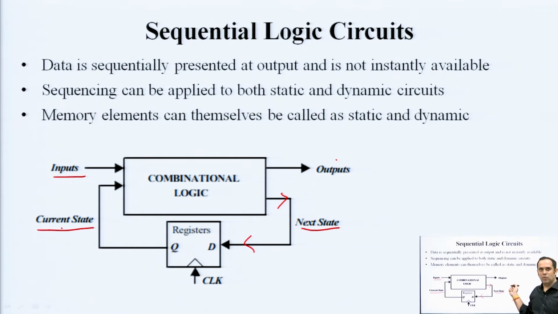And what is next state now will become current state after some time, which basically means that indirectly your system is also dependent upon past inputs, because the value of this next state was obtained using some previous input. So, the effect of previous input is also taken into account, and the present input is always there as well.